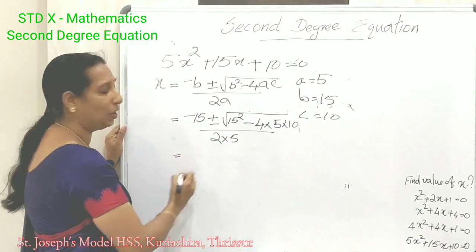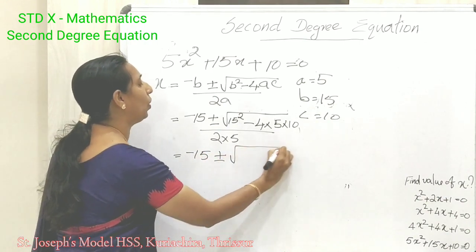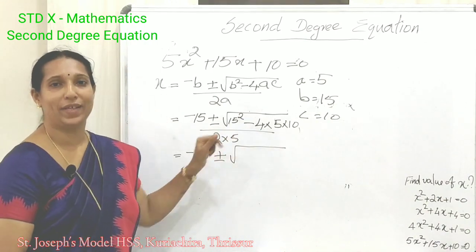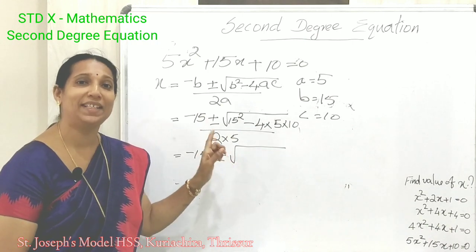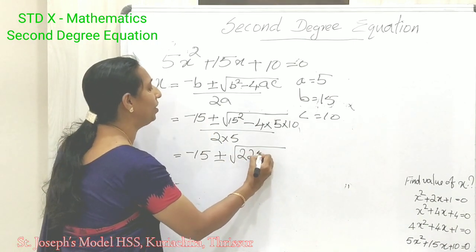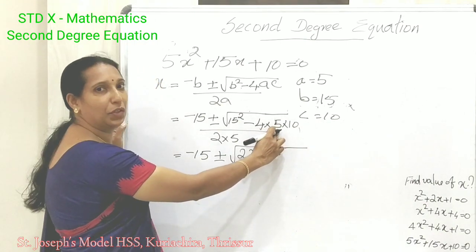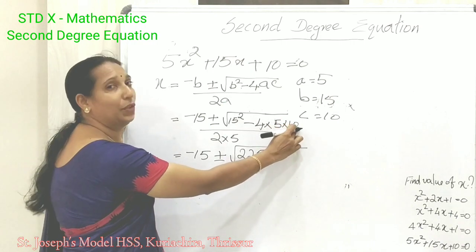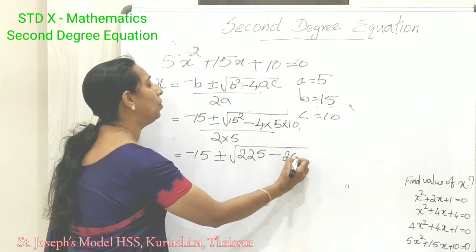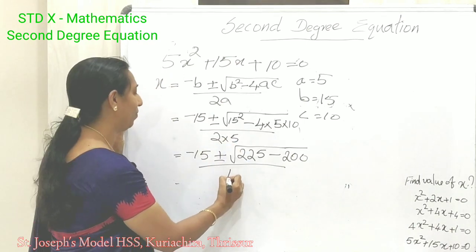That is equal to minus 15 plus or minus root of 15 square. That is 15 into 15, that is equal to 225, 225 minus 4 into 5, 20. 20 into 10, that is equal to 200. All divided by 2 5s are 10.